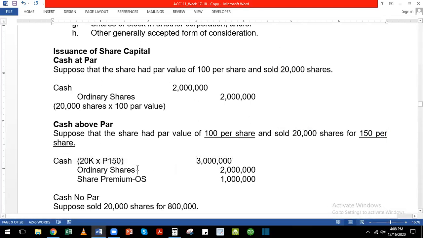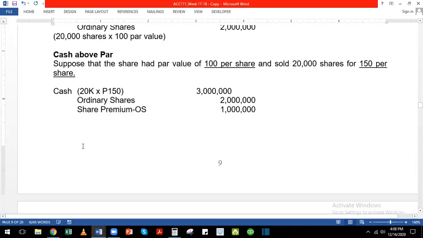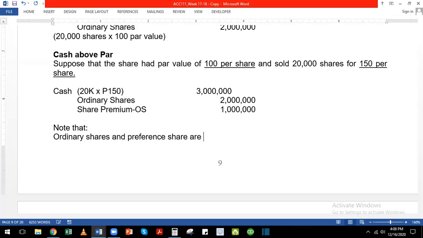And for ordinary shares, take note for this one, guys, that the ordinary shares or even preference shares are issued at par. So take note that ordinary shares and preference shares are accounted at par value.